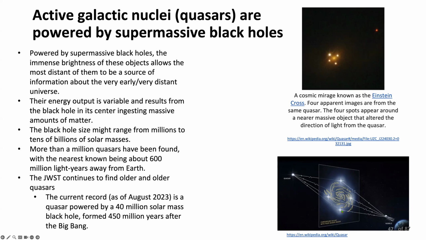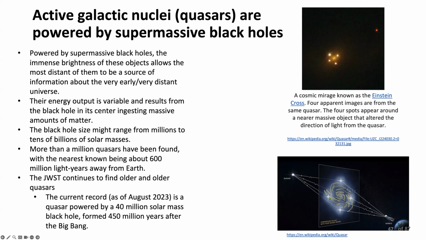Remember, that's the influence of the velocity of that object away from us and how it shifts the color of light that we detect. And because the quasar is carried away from us by the expansion of the universe, if we measure the redshift of each of these spots, we discover it's exactly the same redshift.